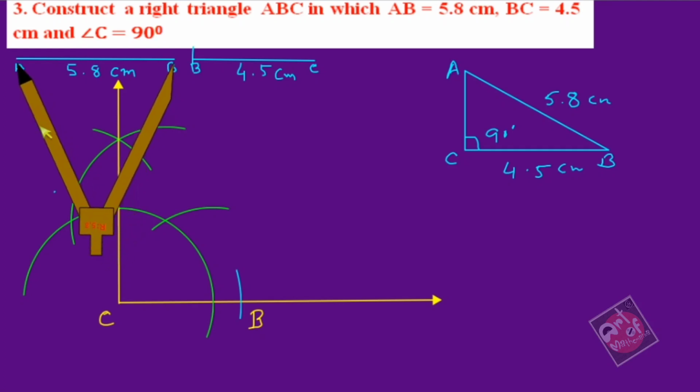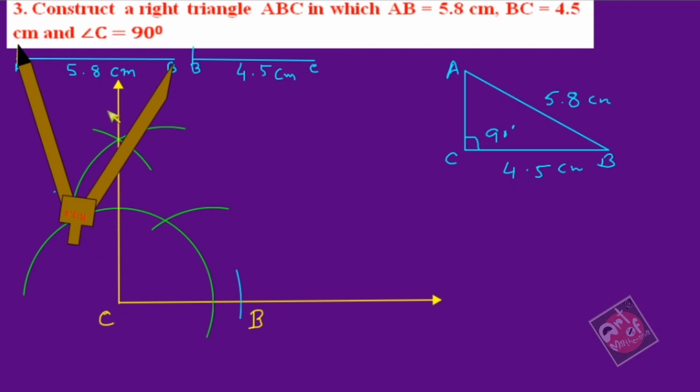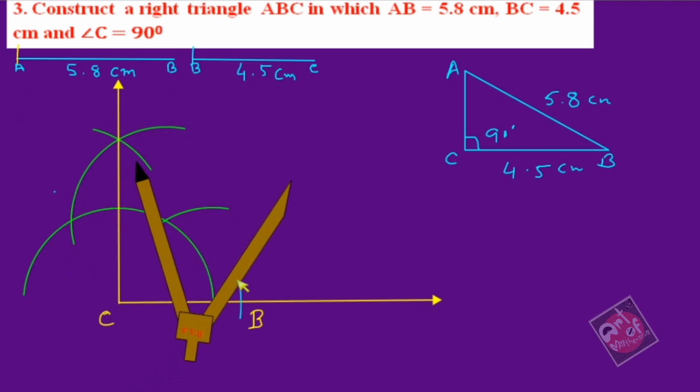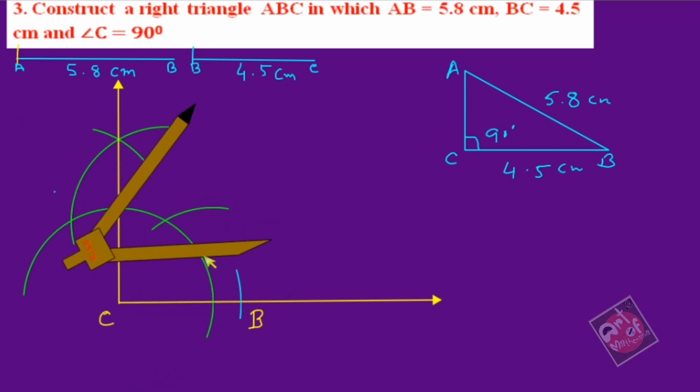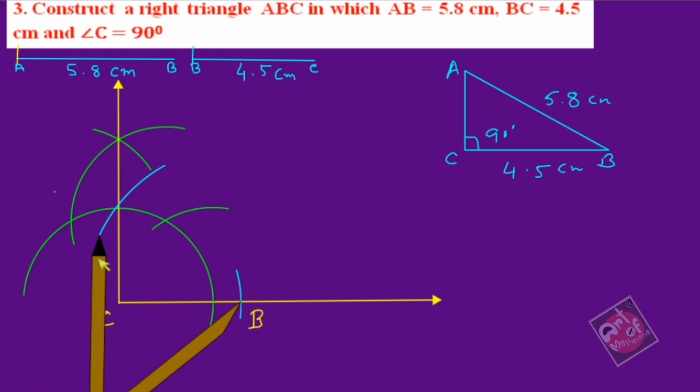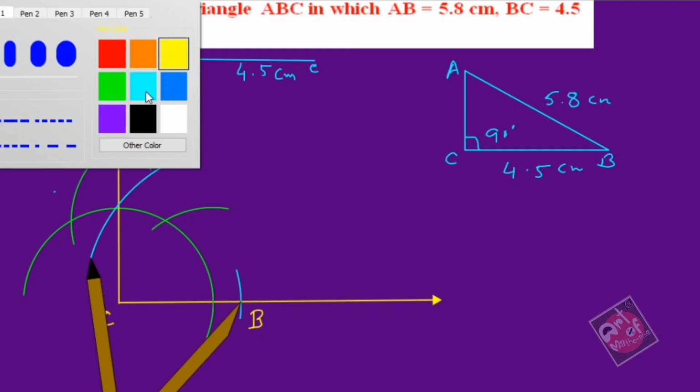Now 5.8 centimeters let me cut. Put the center of the compass at B and cut it. Here it is, this is A. I think you all understood now.